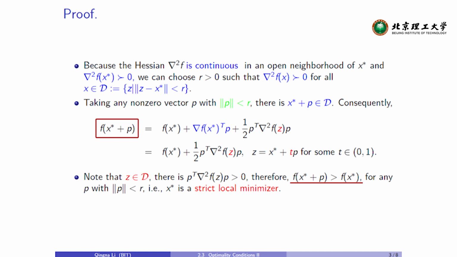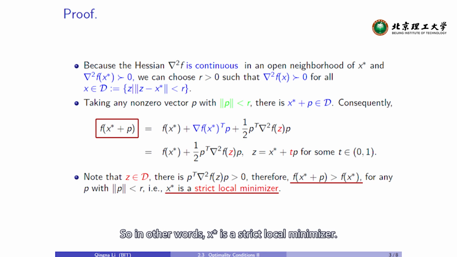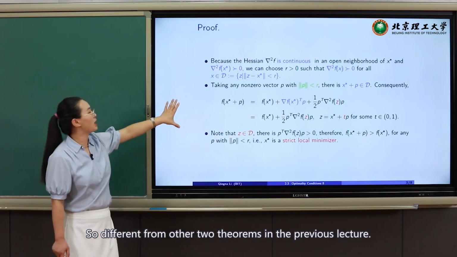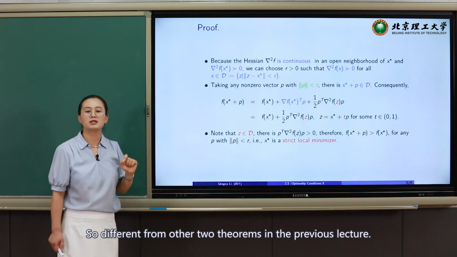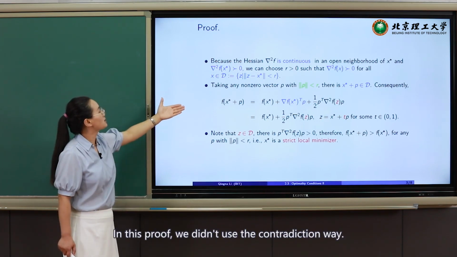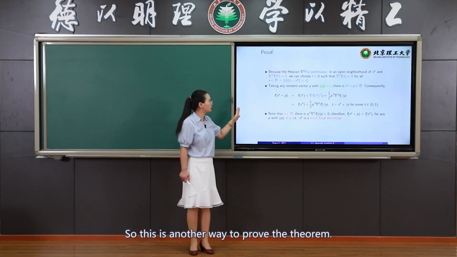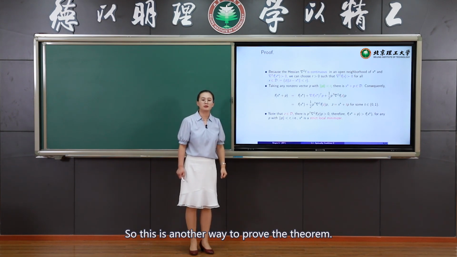Within this neighborhood, any points have strictly greater function values than f at X star. So in other words, X star is a strict local minimizer. In this way, we have shown the second order sufficient condition. Different from the other two theorems in the previous lecture, in this proof we didn't use contradiction. So this is another way to prove the theorem.